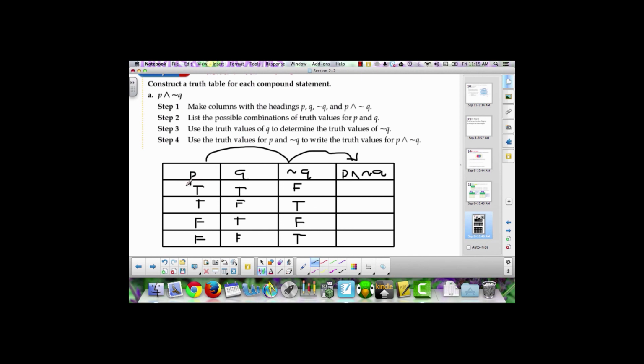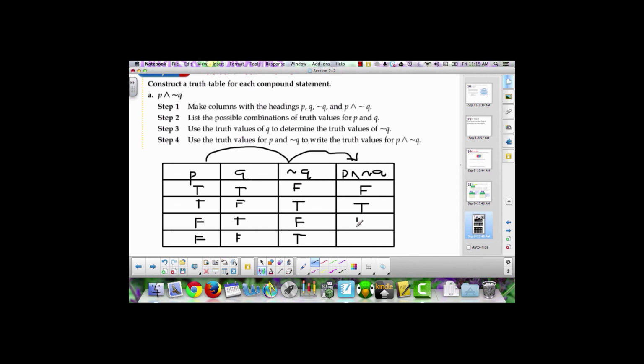In the first row, P is true and Q is true, so not Q is false. Since one of those is false, my conjunction must be false. In the second row, P is true and not Q is true. Since both of them are true, my conjunction is true. In this row, P is false, not Q is false.